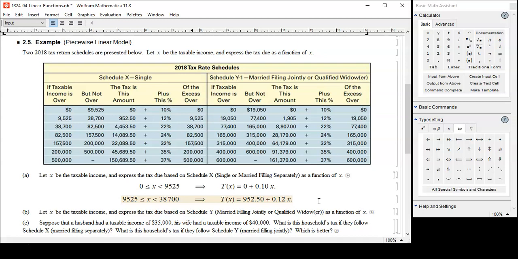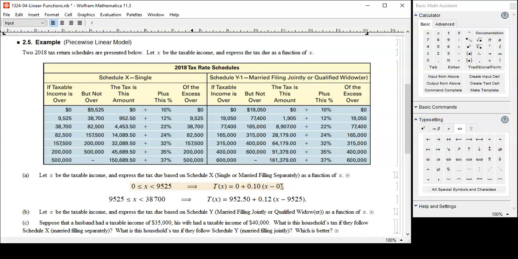What do we have here? Is it going to be 12x or something else? Of the excess over. So income above this 9,525. So this is x minus 9,525. As a matter of fact, over here this should be x minus 0. So up to 9,525, you pay based upon the 10% tax bracket.